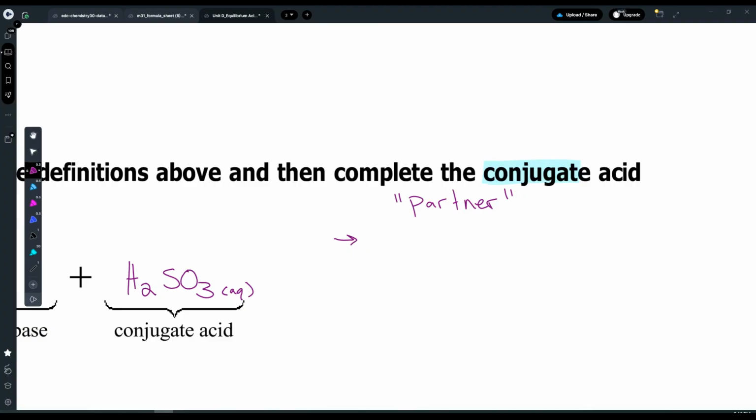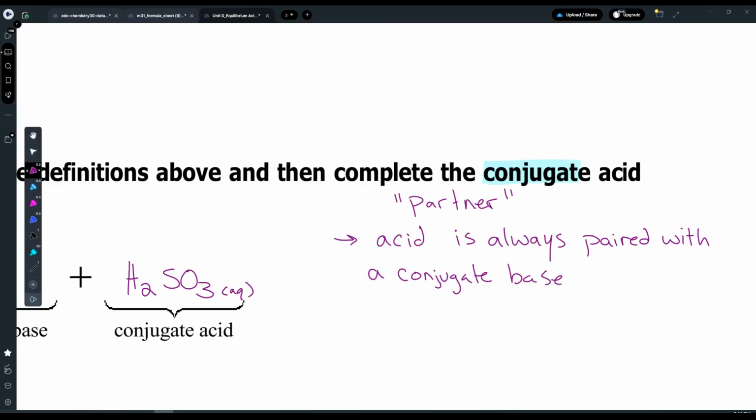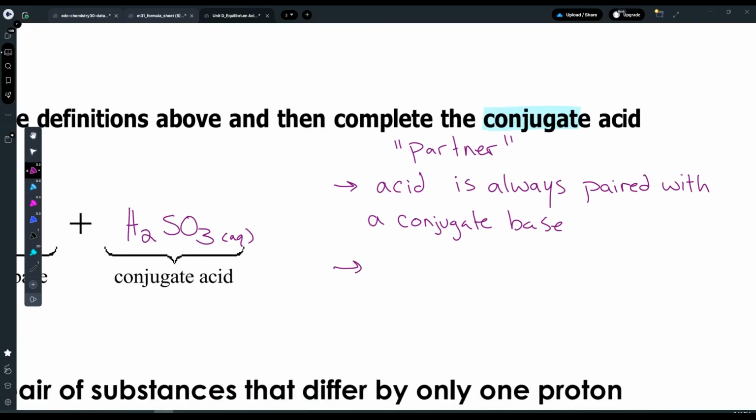So an acid, its partner is always going to be a conjugate base. For a base, its partner is always going to be a conjugate acid.